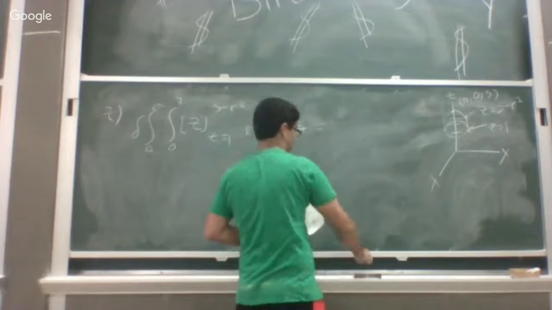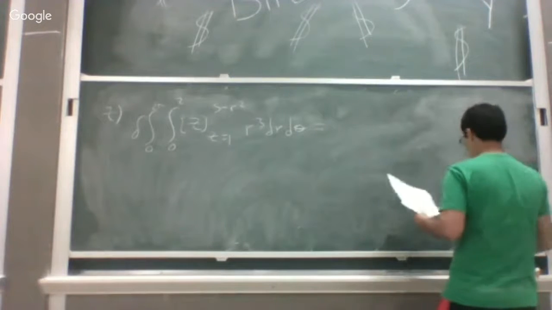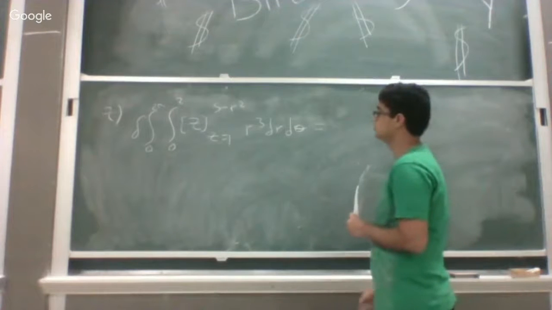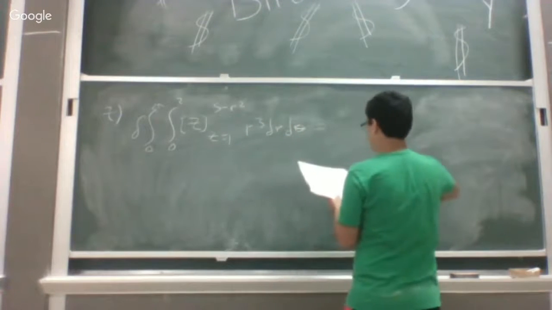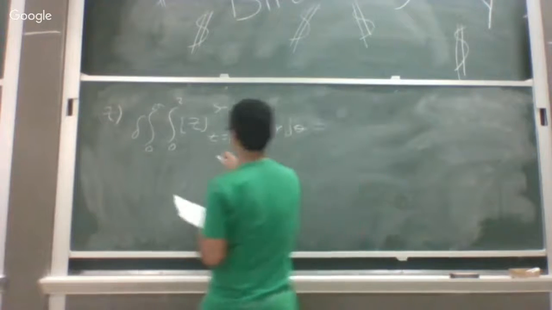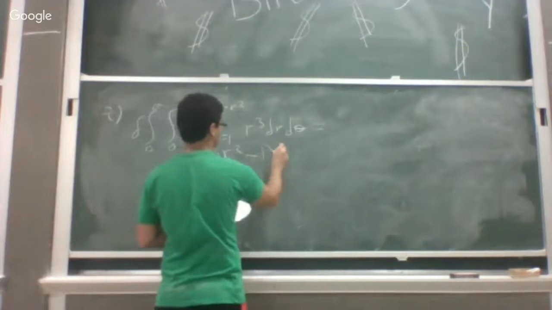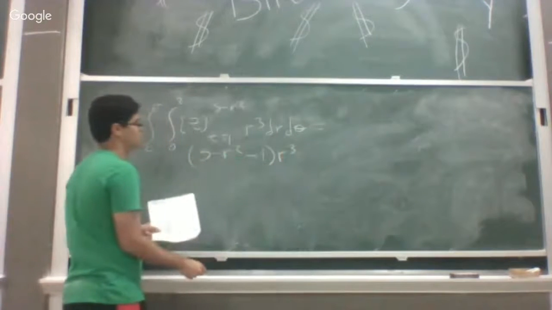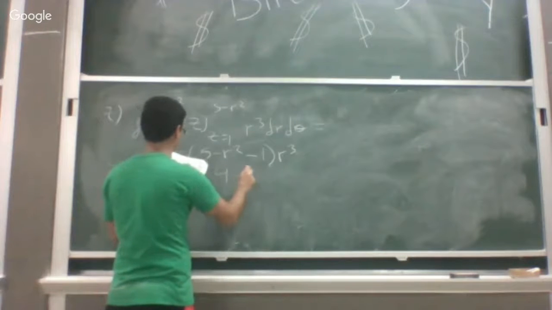That's equal to 5 minus r squared minus 1. So then that is 4 minus 1 times r cubed. So then this is 4 minus r squared.